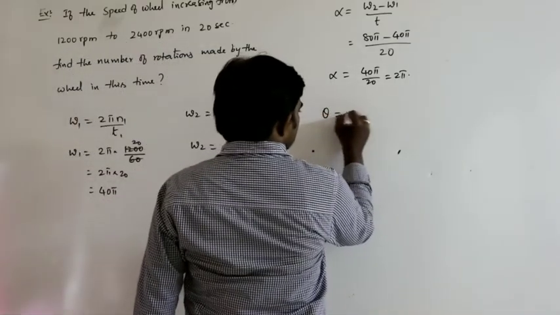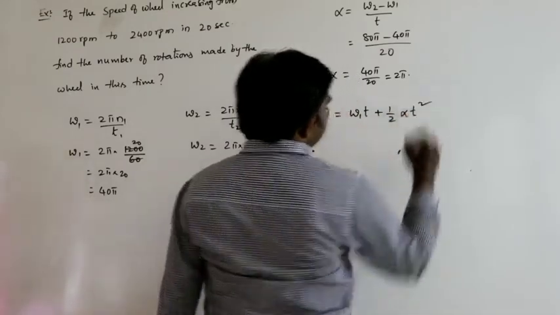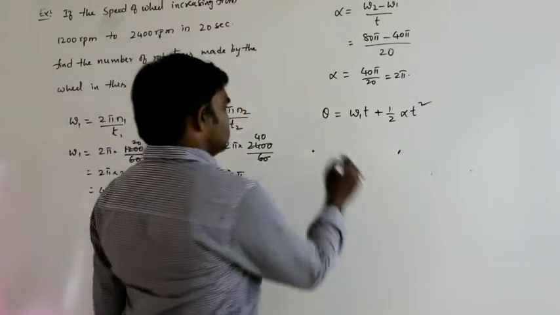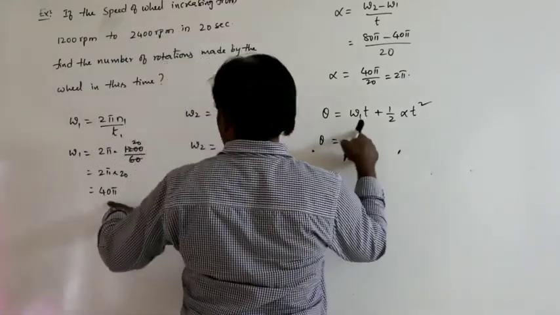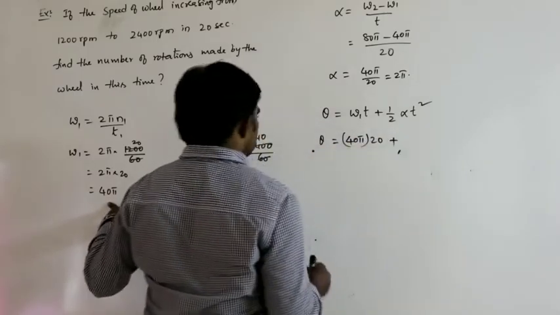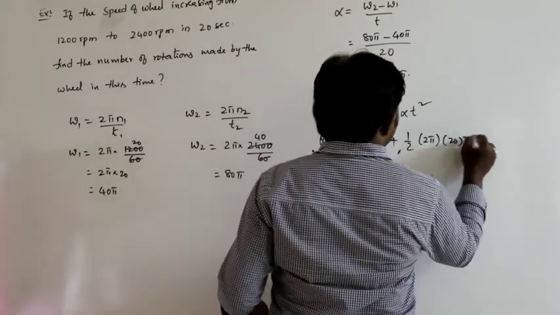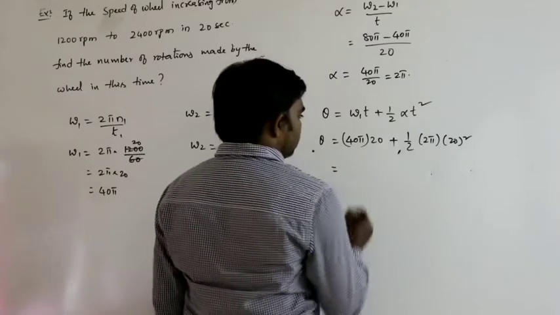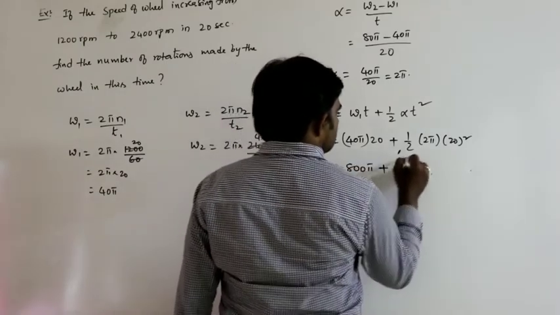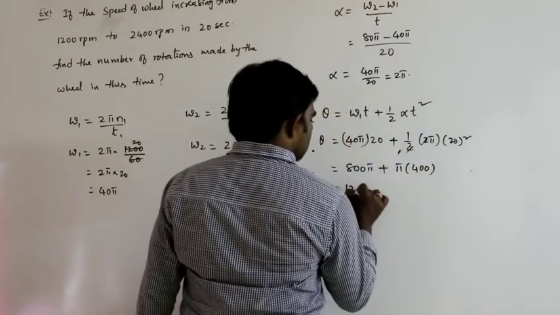From the second equation of motion, theta is equal to omega 1 t plus half alpha t square. So theta is equal to omega 1, which is 40 pi, into t, which is 20, plus half alpha, which is 2 pi, into 20 square. 40 into 20 is 800 pi, plus pi into 400, so that is 1200 pi.